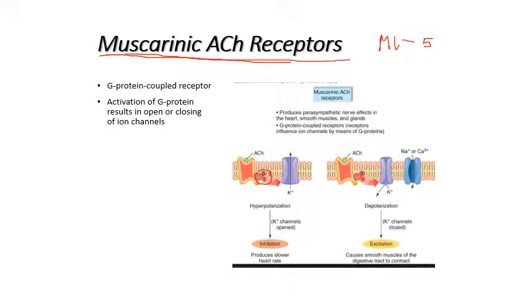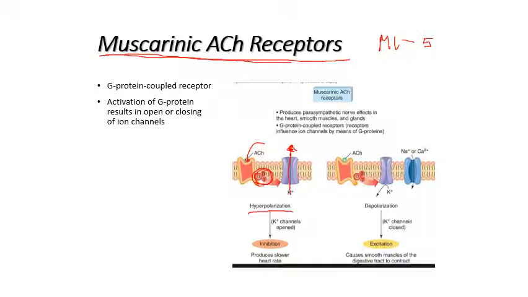In one muscarinic receptor, you can see binding of acetylcholine to the G protein coupled receptor. That's going to activate the G proteins, but the activation of these proteins results in opening of a potassium channel that allows potassium out. And what's going to happen here is we're going to get hyperpolarization, right?